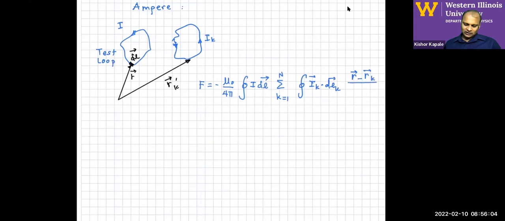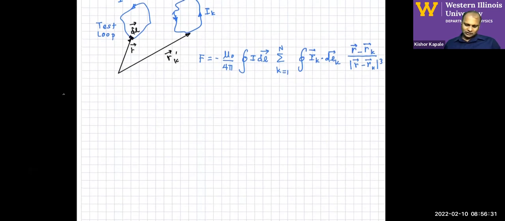But each one of those current loops is going to contribute through the same kind of quantity that we observed in the electrostatic case, the geometric parameter, r minus r_k over the magnitude of r minus r_k cubed. Okay, everybody with me? So that is Ampere's contribution, or what we call Ampere's law.